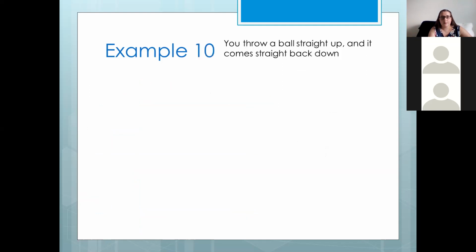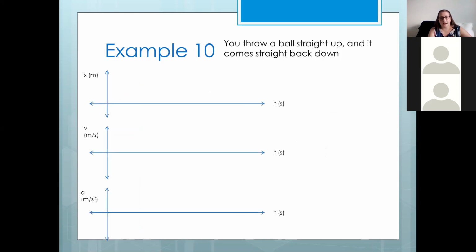All right, next example. You throw a ball straight up and it comes straight back down. So here is our stack of graphs, and we're going to draw the position first. So remember, we talked about this yesterday. Just because the position curve is moving forward on our graph, that does not mean we're throwing the ball forward.